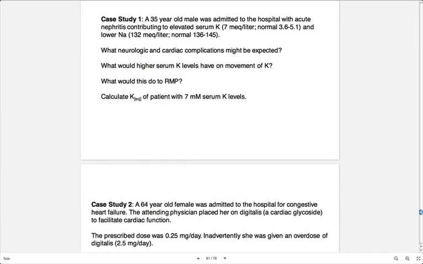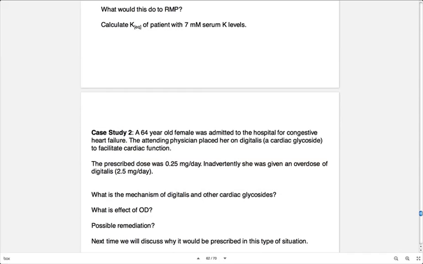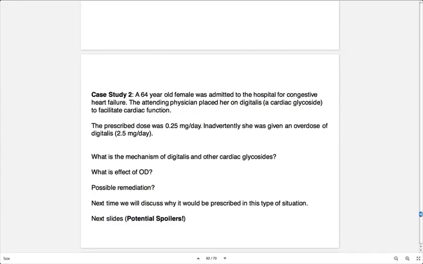Again, so we have another patient with congestive heart failure, and we've prescribed digitalis. And we reviewed the mechanism of digitalis and other cardiac glycosides. So this is something I expect you to know. It's relevant. They're very common drugs. What would happen with an overdose? We've inhibited the sodium-potassium ATPase. Dangerous.